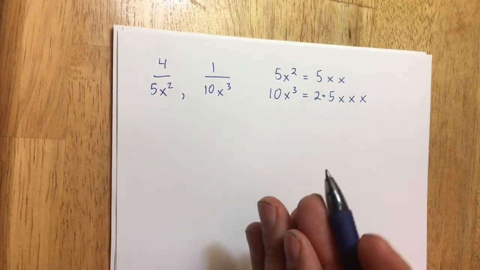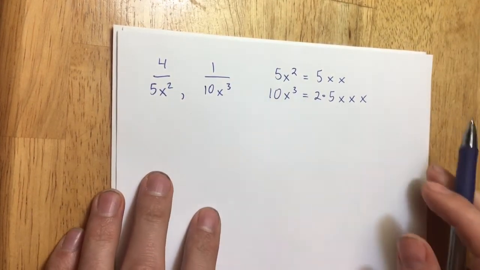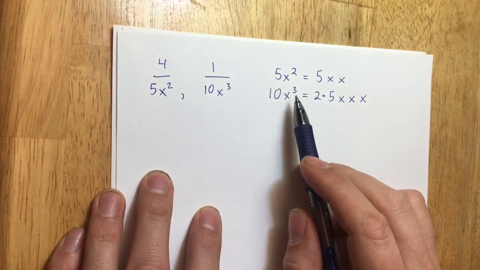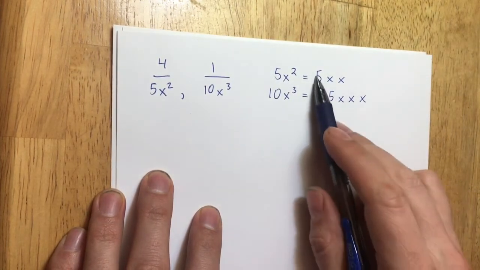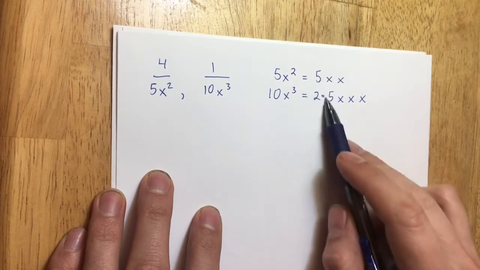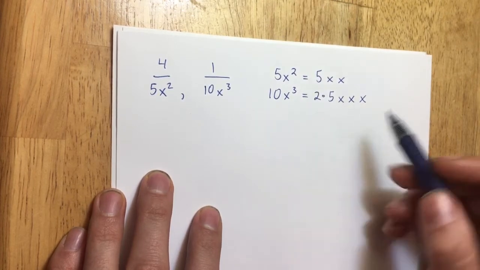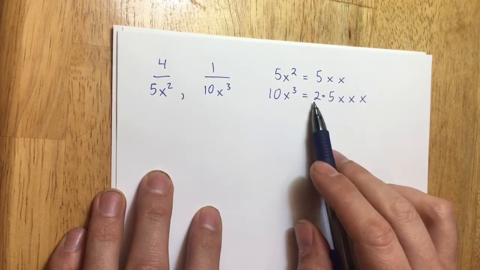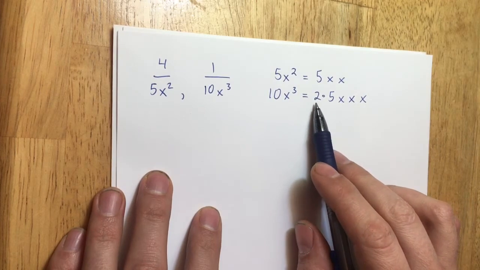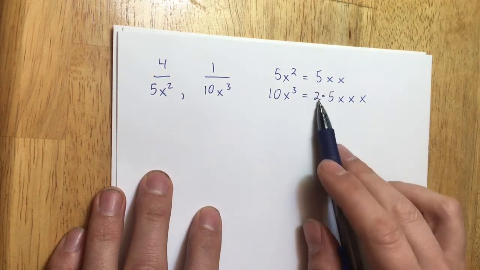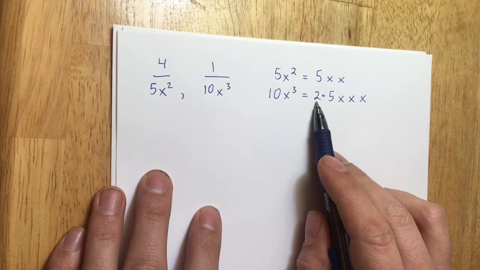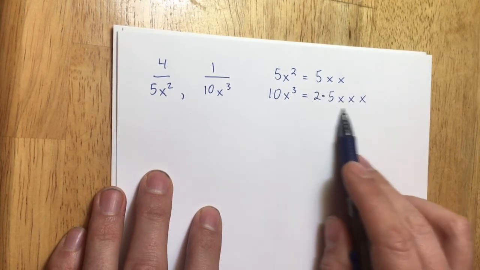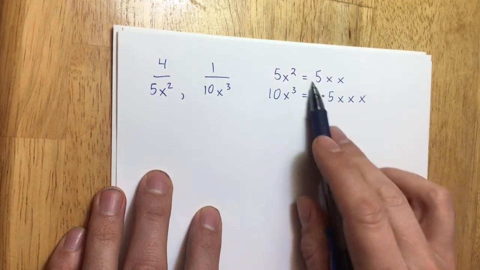Now what I'm going to do is the same thing we did with the numerical examples in the other video. I'm going to look at the different factors I have. I have 2, 5, and x. And I'm going to find the most number of times that a given factor appears in these expressions. So let's start with 2. It appears once here and no times here, right?